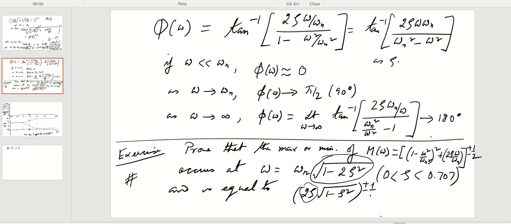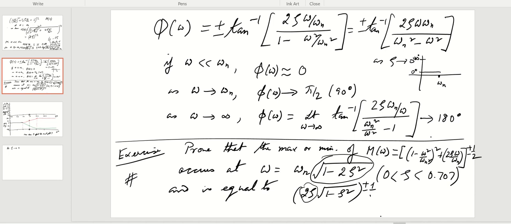As zeta tends to 0, we expect this function to behave in a manner such as this. Let's say this is omega n. It will behave something like this. This is 0 degrees. This is, let's say, 180 degrees. I'm sorry, I should have put a plus minus here also.